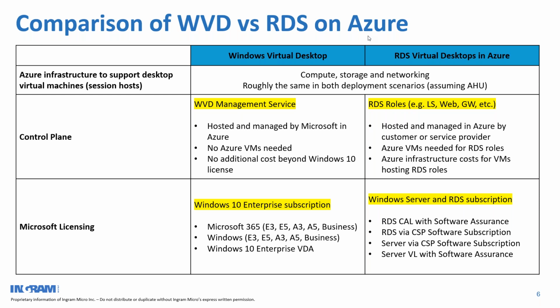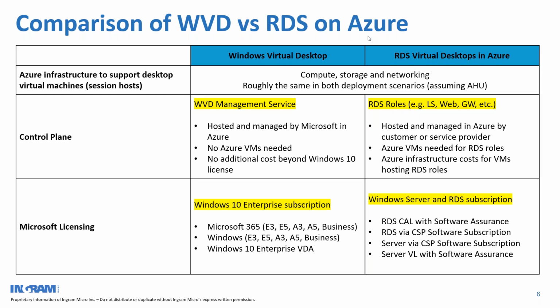Coming to the Microsoft licensing aspect, again, a quick comparison between Windows Virtual Desktop and RDS. With Windows Virtual Desktop, all you need to worry about is the Windows 10 licenses. How do I get the Windows 10 license?